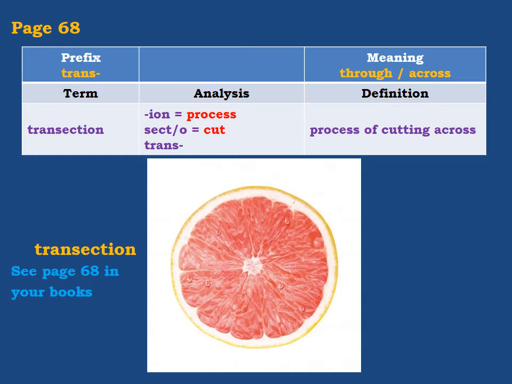And we will come to that later when we give the names of the planes. If you cut something as a transection, this is what you will get. If you look at your books, page 68, please turn to page 68.